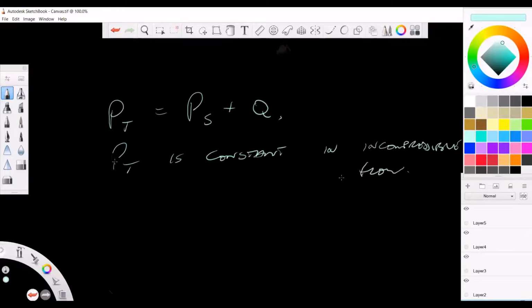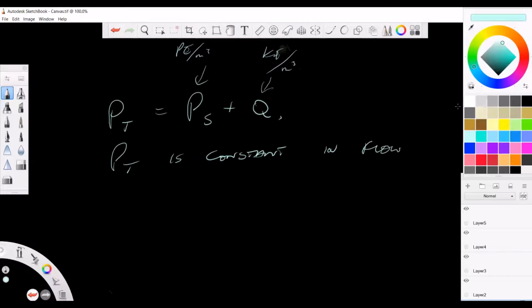Right. So we'll ignore the incompressible because we only ever use it in incompressible flow. Total energy, total pressure is constant. But this is potential energy per cubic meter, and this is kinetic energy per cubic meter.